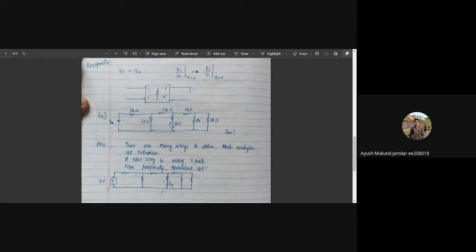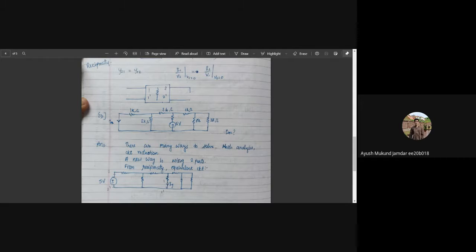Let's say the first port of this network is at the 5-volt source, and the second one is at the leftmost branch of the circuit through which Ix flows. That is, the leftmost part will be a short circuit, and let's call it the second port, with the first port being the 5-volt voltage source.